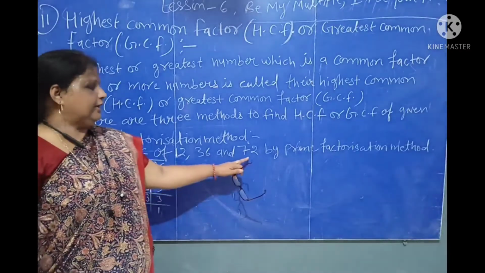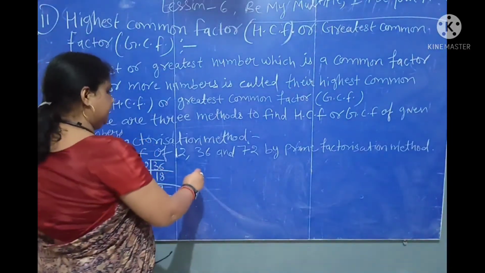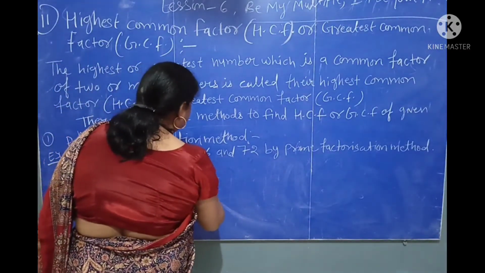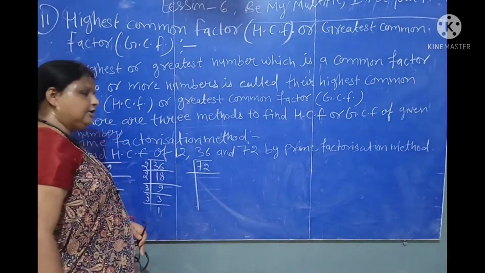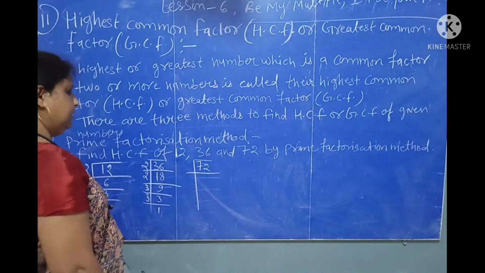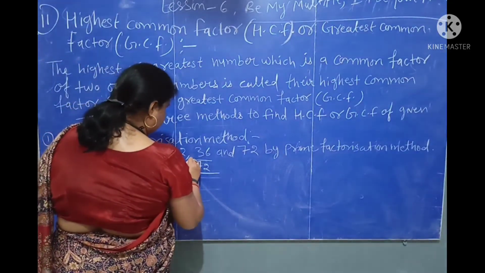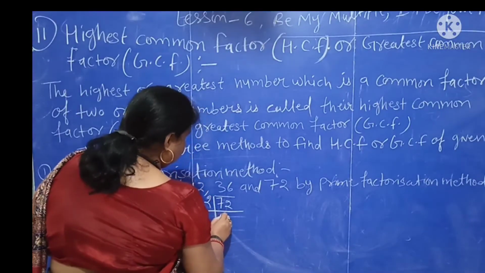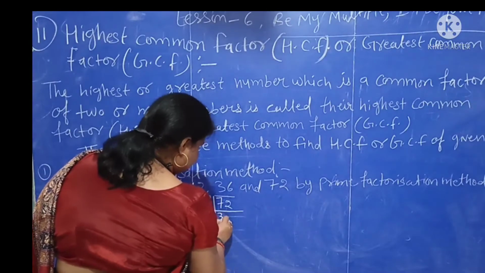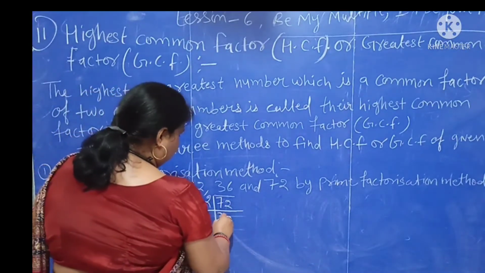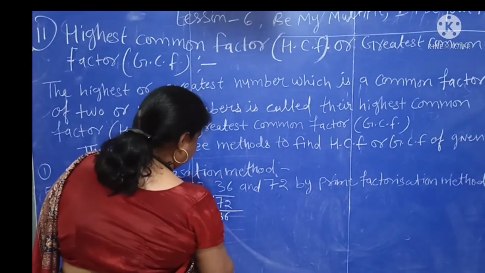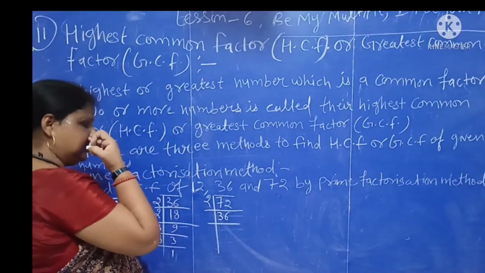Now we find factors of 72. So here is 72. 72 is also divisible by 2. So we take least prime number 2 as a divisor. 2 1s are 2, 2 2s are 4 and 2 3s are 6. 1 remaining, here will be 12. 2 6s are 12. 12 is also divisible by 2.